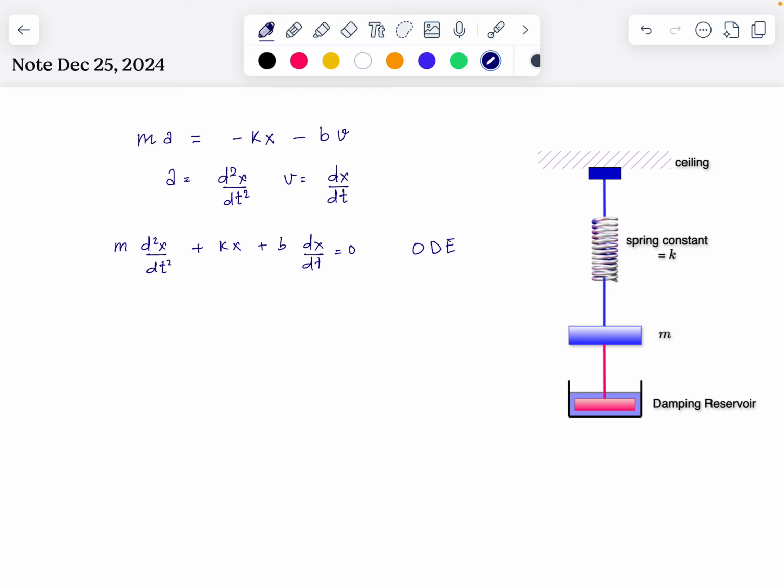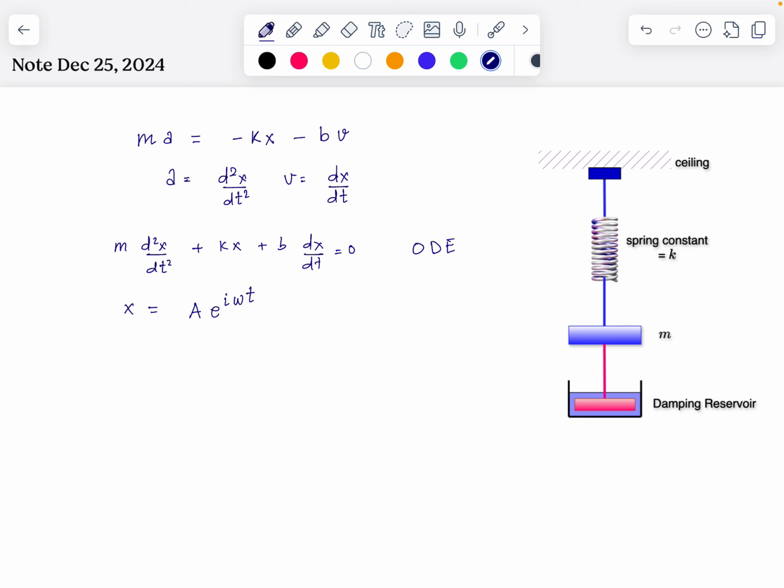Typically, we will investigate solutions which are similar to harmonics, which means that the value of x, the displacement here, equals some constant a times e to the power i omega t.